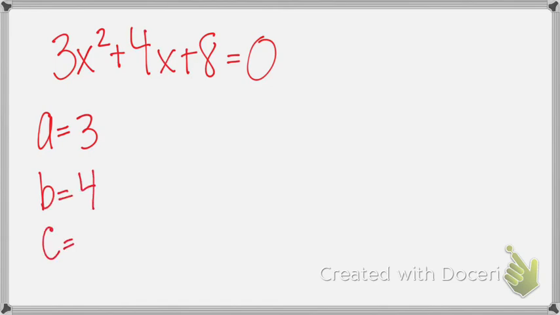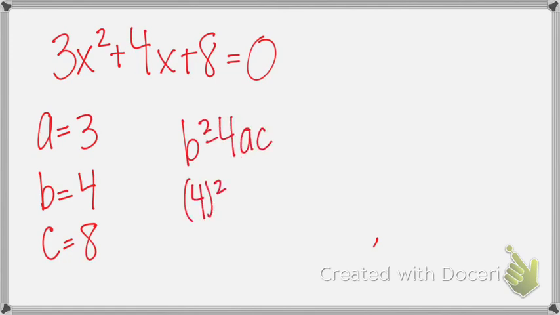C? All right. We're taking that and plugging it into the discriminant. Four squared minus 4 times 3 times 8. Put that in your calculator.